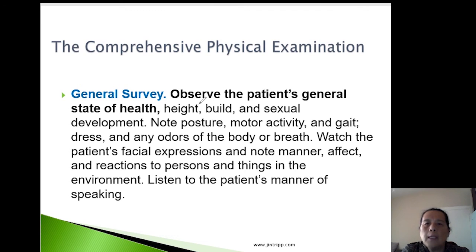Generally, for the overall physical examination, we start by picking up some general information, like the patient's general healthy state. How can we see whether a patient is generally healthy or not?